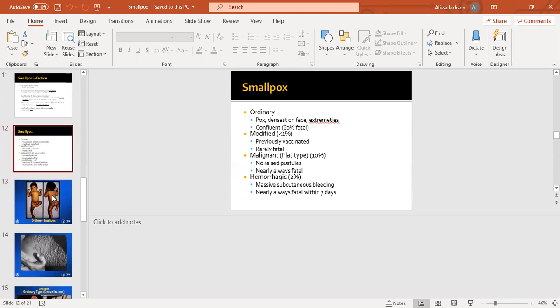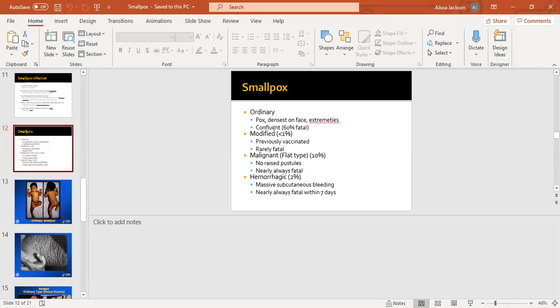Yeah, so knowing the differences between the types of smallpox, like malignant is flat, it's nearly always fatal. Hemorrhagic is always fatal, usually massive bleeding. Ordinary and modified are not usually fatal.